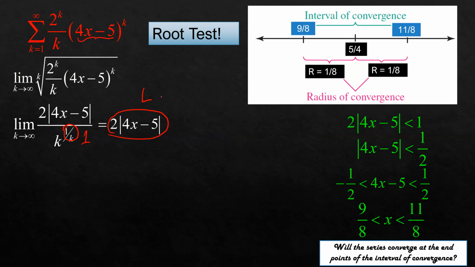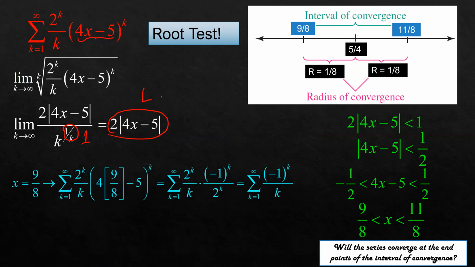And we again need to consider whether the series converges at the endpoints. So plug in 9/8, simplify, and we end up with an alternating harmonic series, and we know the alternating harmonic series converges.